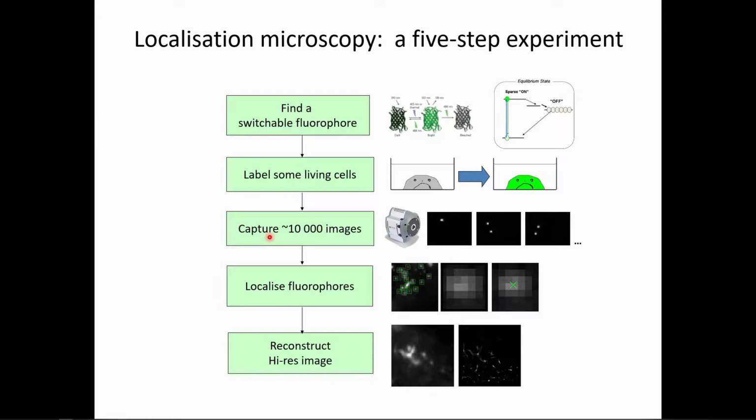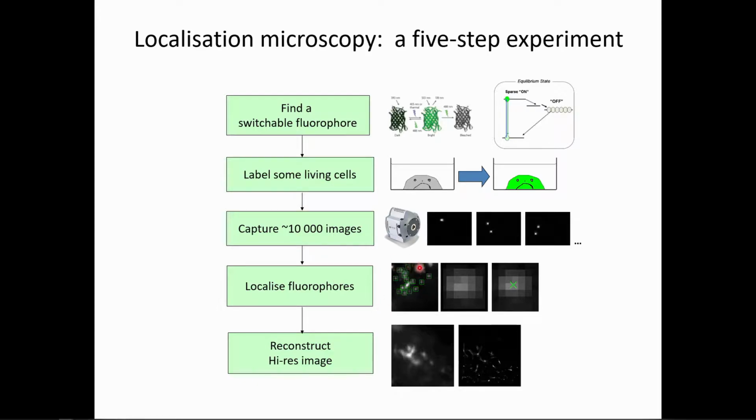You get huge data sets, and then you need to computationally process the localization positions, so it takes time. This takes minutes, typically, and is not good for live cell imaging, because the cells will move and things inside will move, and then the localization data is useless. So it only works on fixed cells, which is a disadvantage. Then you localize, and then you reconstruct.